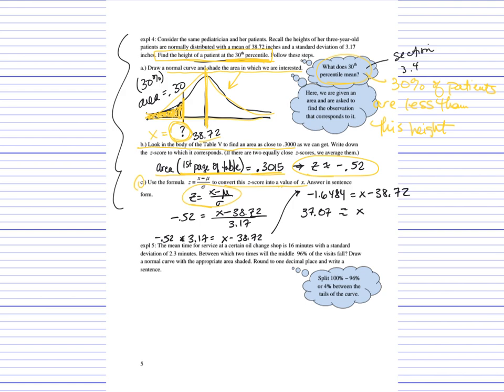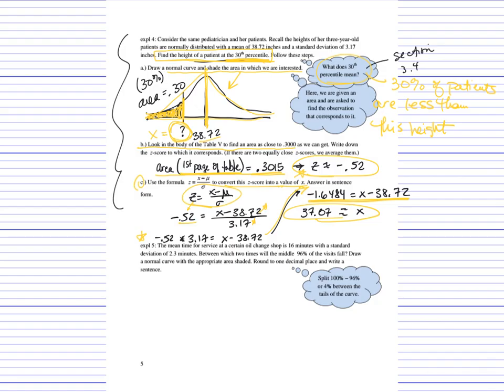I am simply putting in my z-value, my negative 0.52 that I got from above, and my mu and my sigma, and then I solve it algebraically. Multiplying both sides by 3.17 gets me up here on the first line over here on the right hand side, and then adding 38.72 to both sides gets me that guy.